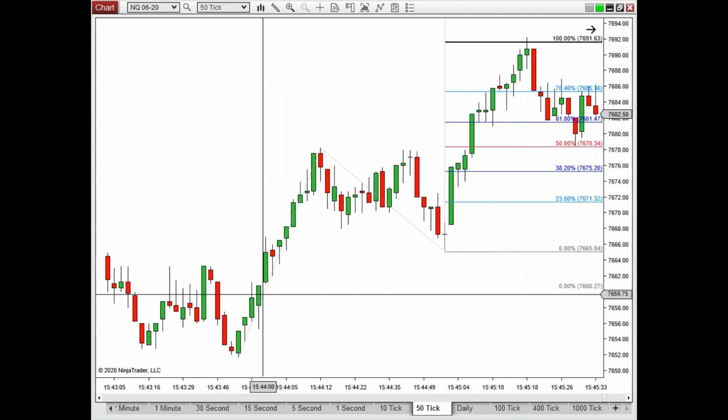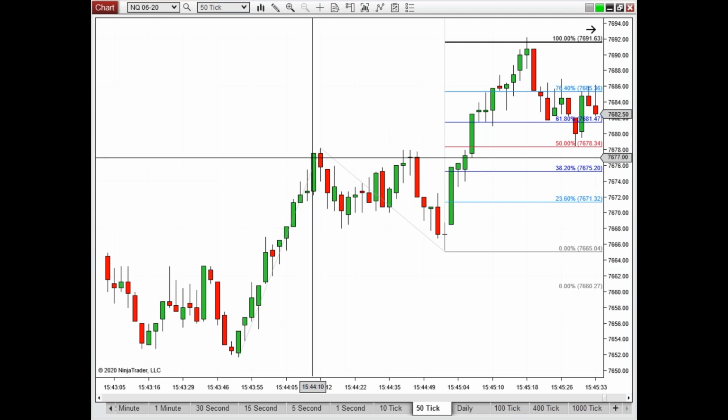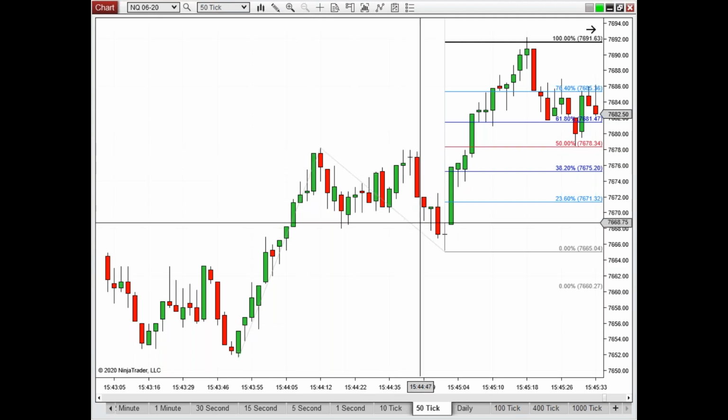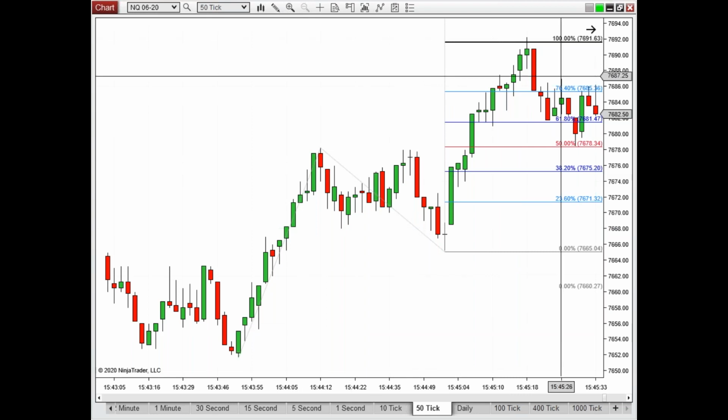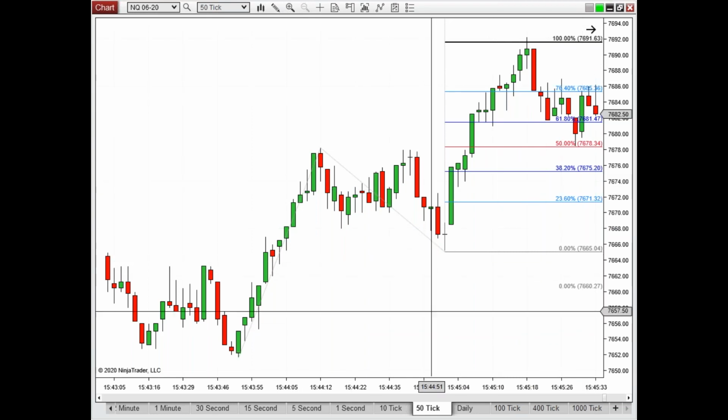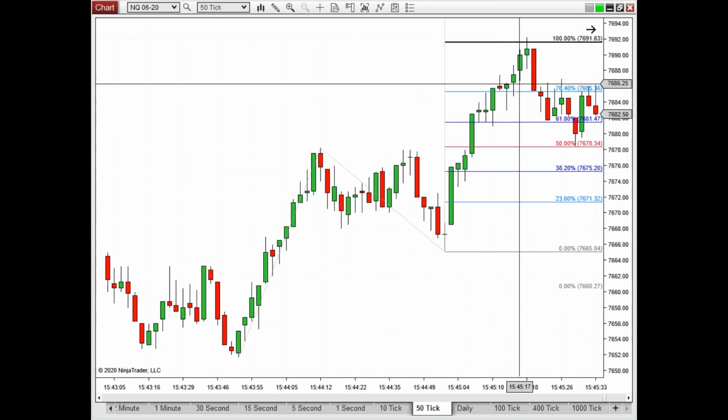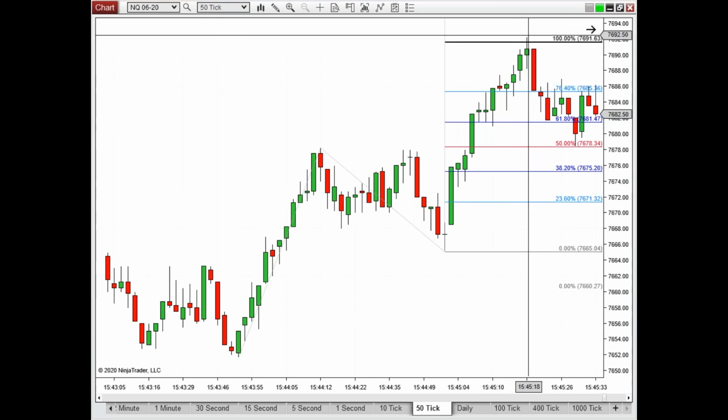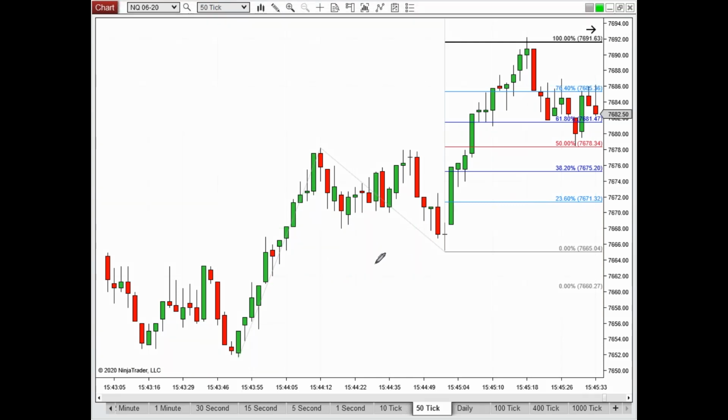Now, notice here that the momentum on that first main impulse wave or trend move is really similar to the continuation momentum. So this is key, because when it is similar like that, then it's often going to hold that 100% extension to the T. Now, what I usually recommend for newer traders, where you're kind of guessing and working on your strategies for exits, is to take something off at 76.4, because if you're off by a little bit, then at least you've got something protected at that one level.